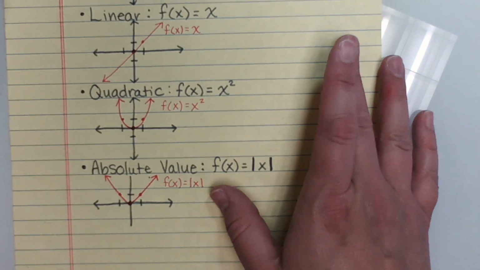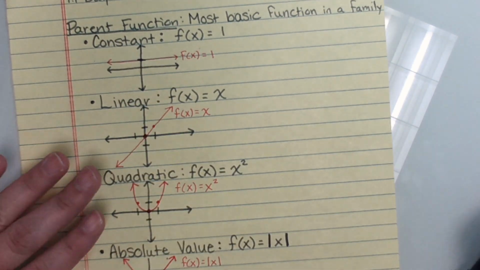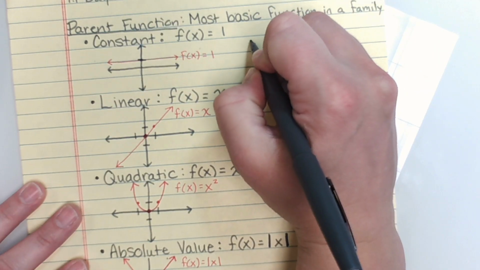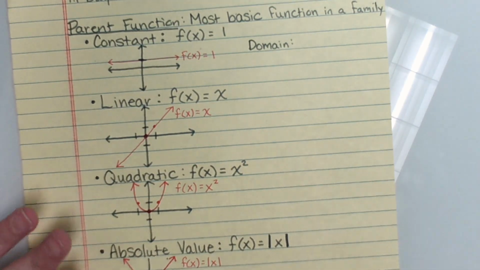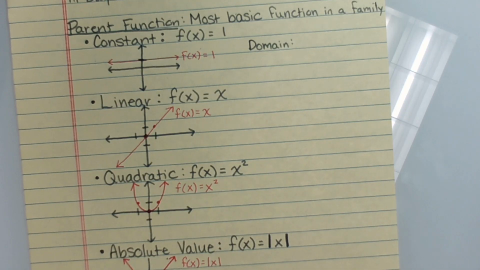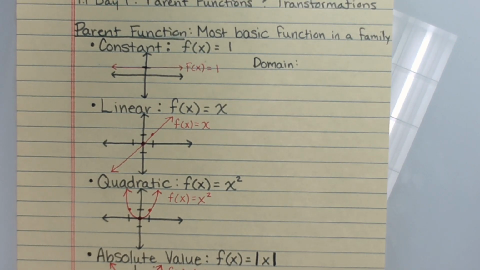So, if I think about the constant function, if I focus in on the domain of the constant function, the domain is what I'm allowed to put into the x value. Now, there's an x on the f of x piece, but we already established f of x is essentially a fancy way of writing y.